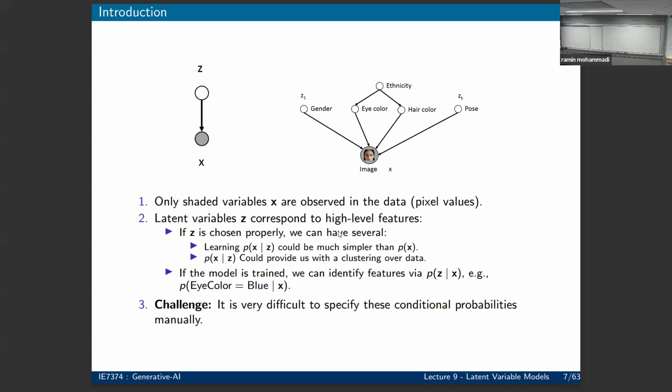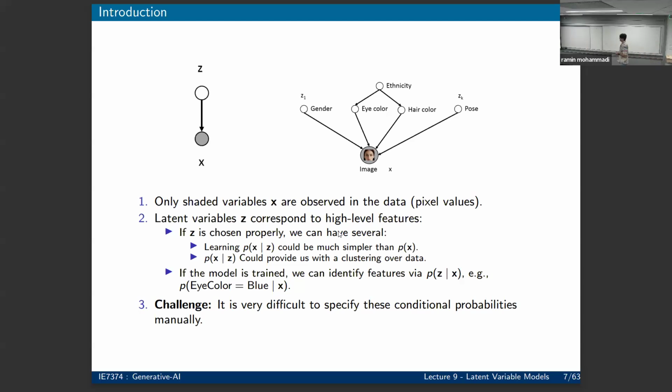Then there are some challenges with this, and the challenge is that you can't manually create those. Maybe if your data is really small and those latent dimensions are pretty small, yes, you can handcraft them. But in reality, coming up with this relationship among latents is not going to be easy, and it's challenging.